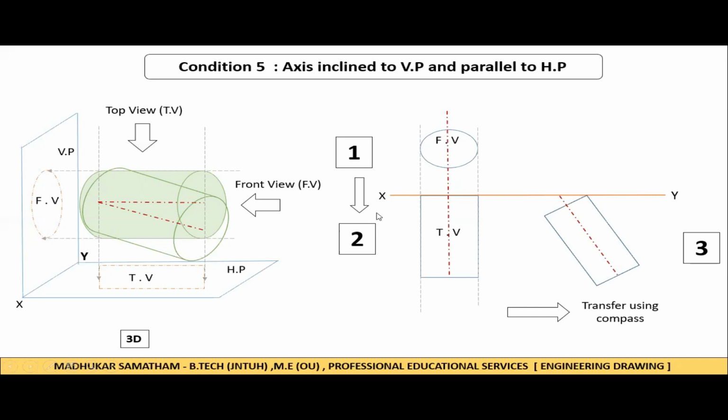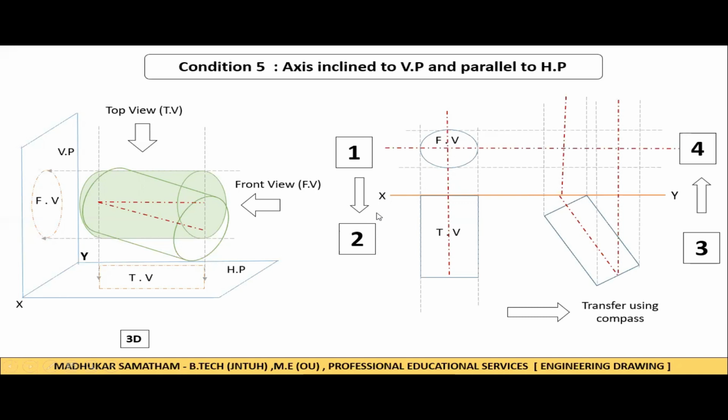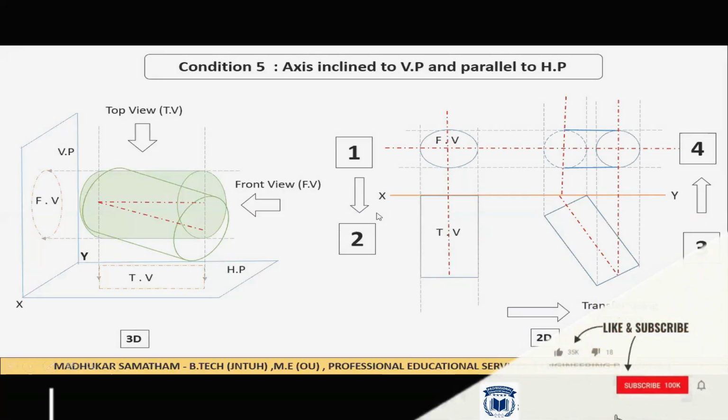Now to draw the front view of this inclined solid, we will extend the lines upwards, and also extend lines from the front view of the first step to the fourth step. Now at these intersection points we will join the lines to form a solid. In this way we can draw a solid whose axis is inclined to VP and parallel to HP.